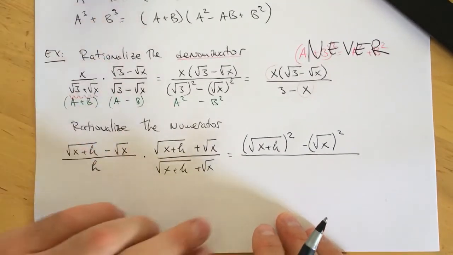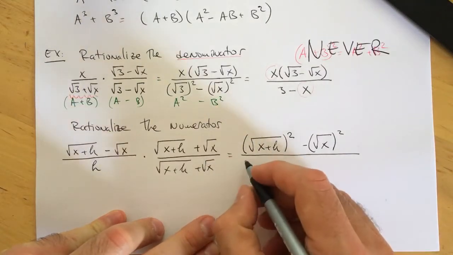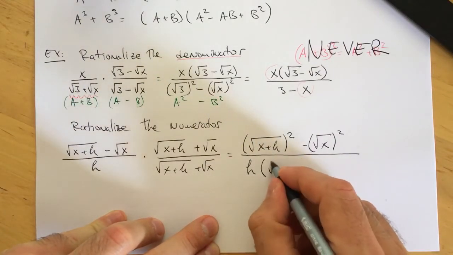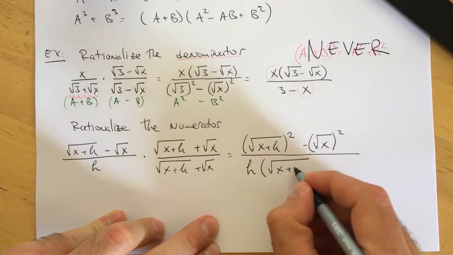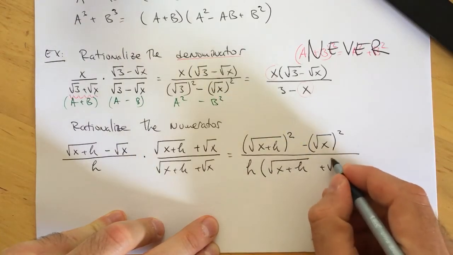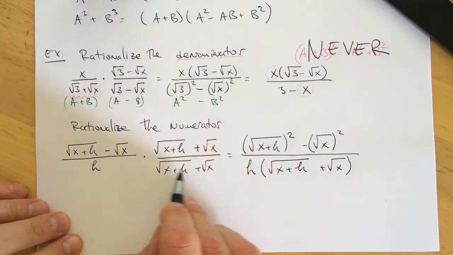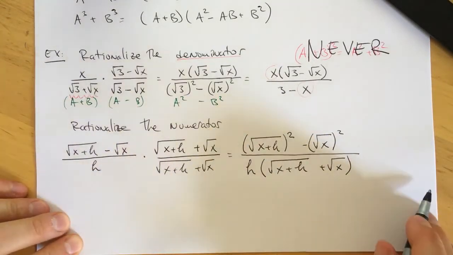Okay, divided by, if I rationalize the numerator, then I just simply copy the denominator and vice versa. So my concentration is in the numerator, but of course I have to follow through what happens in the denominator also.